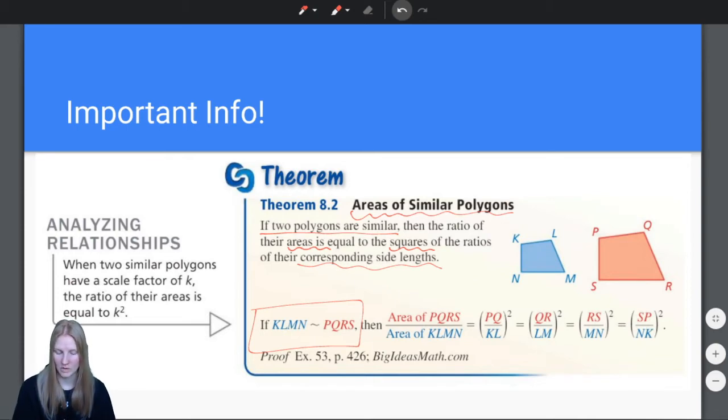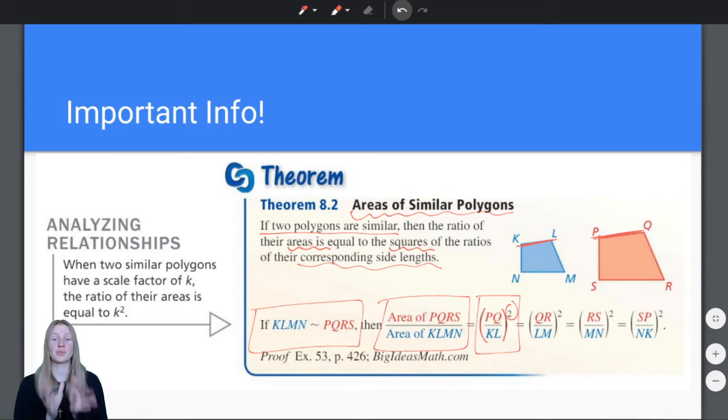So, we can take the area of the red shape over the area of the blue shape, and that needs to be equal to PQ over KL, the tops, that needs to be equal to the ratio of the side lengths squared. So basically exactly what we did with perimeter, only we're adding a square.